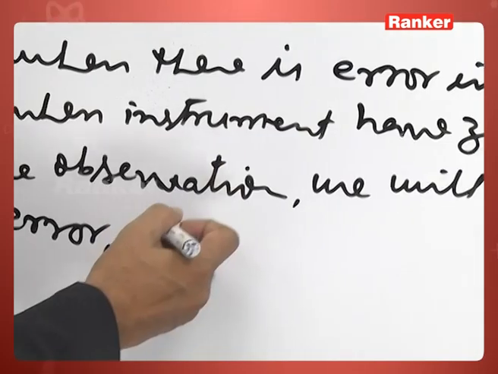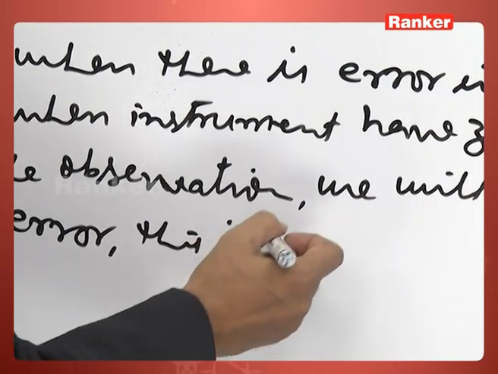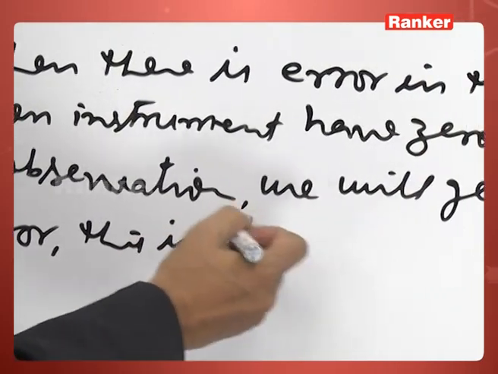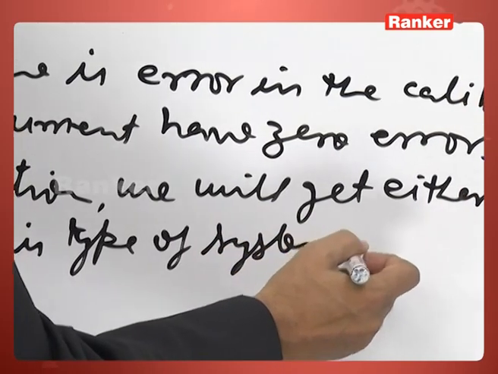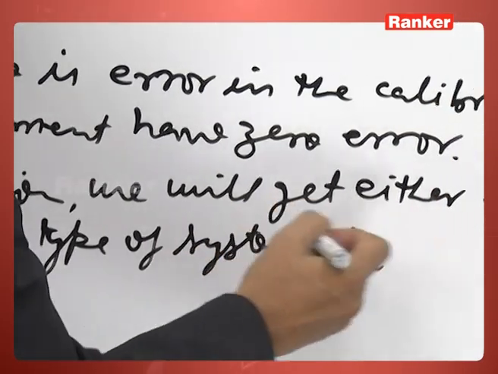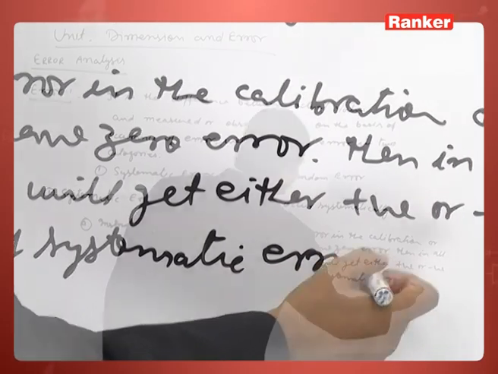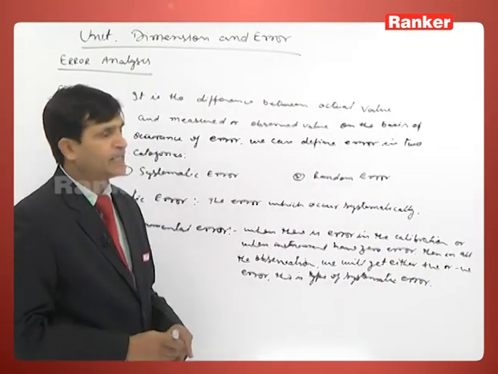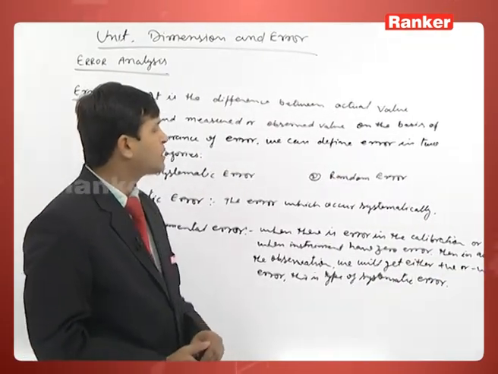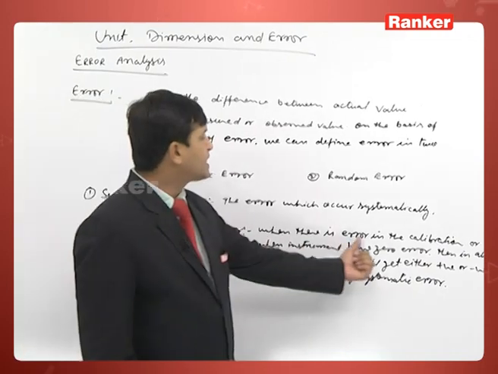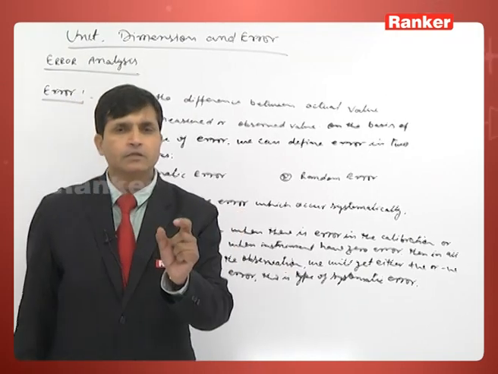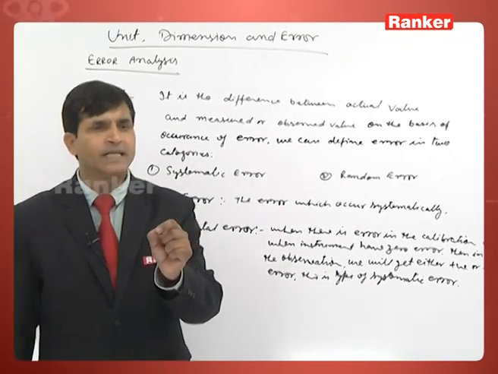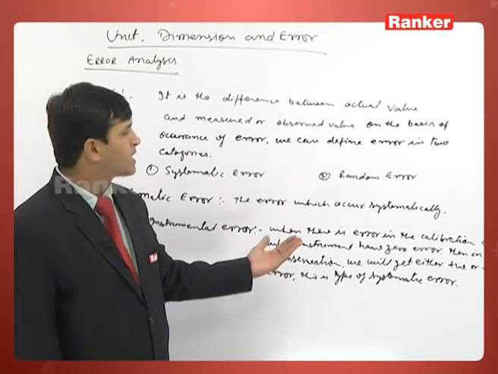This is a type of systematic error because here the error comes in the same manner. Same manner means either positive or negative. When there is an error in the calibration, suppose for 2 divisions the reading is less or more, so we will get either less or more than the actual reading.